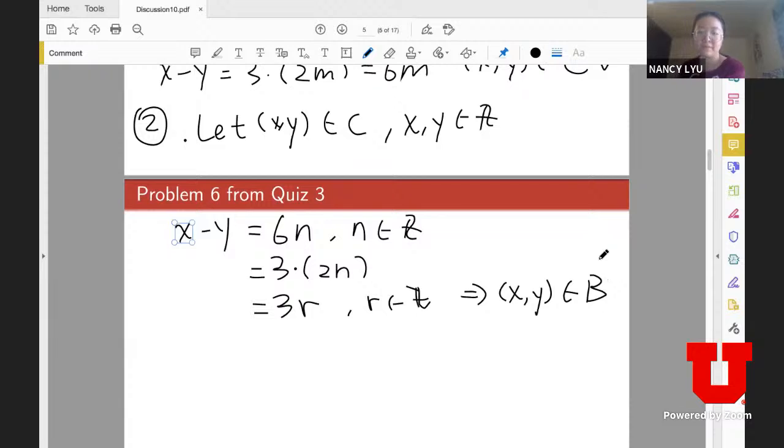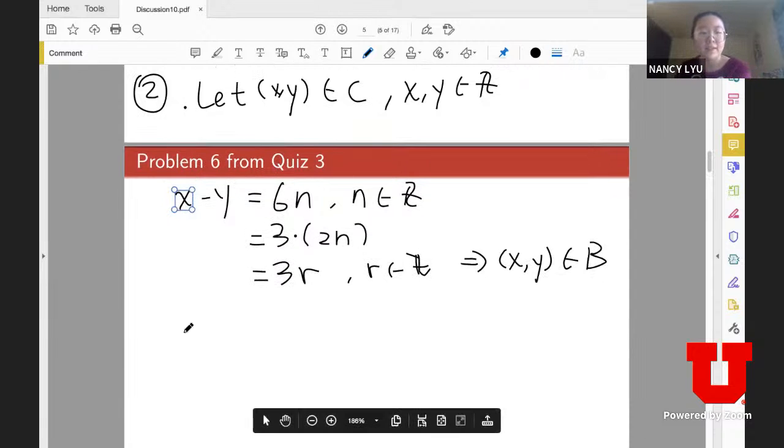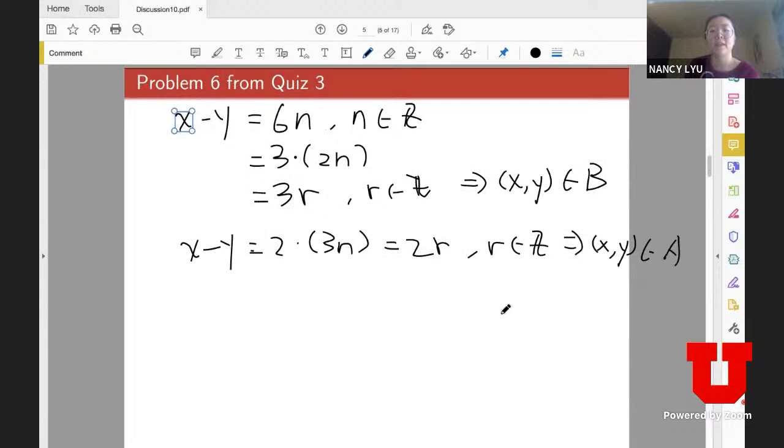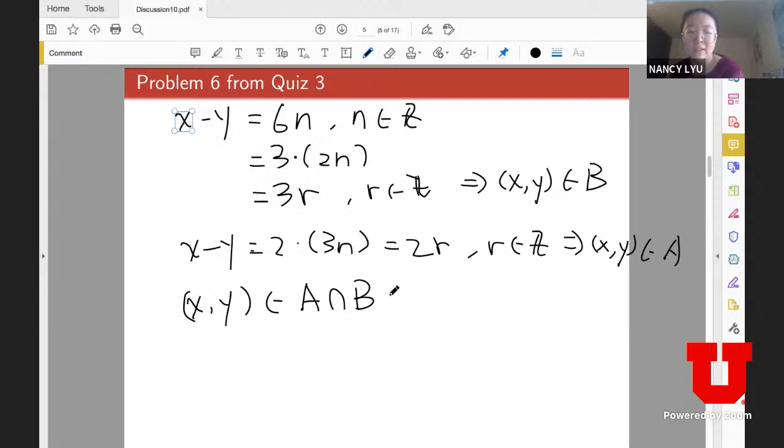Well, we can also rewrite this as 2 times 3N. And you can also conclude that, by closure, you have 2R, which is X and Y, is also in A. So since X and Y are in both A and B, which means that your X and Y must be in the union of A and B. Yeah, sorry, in the intersection.